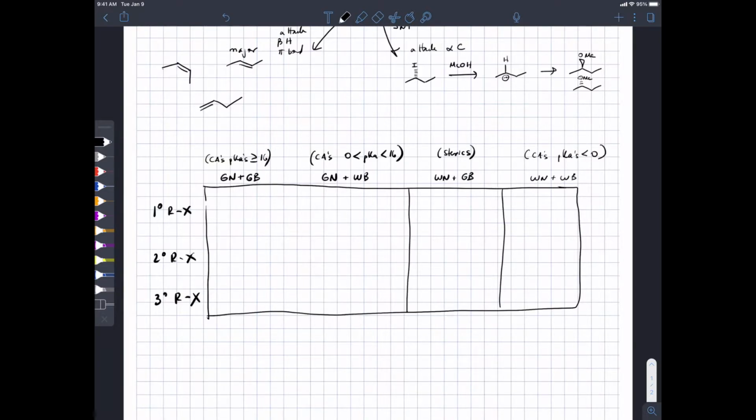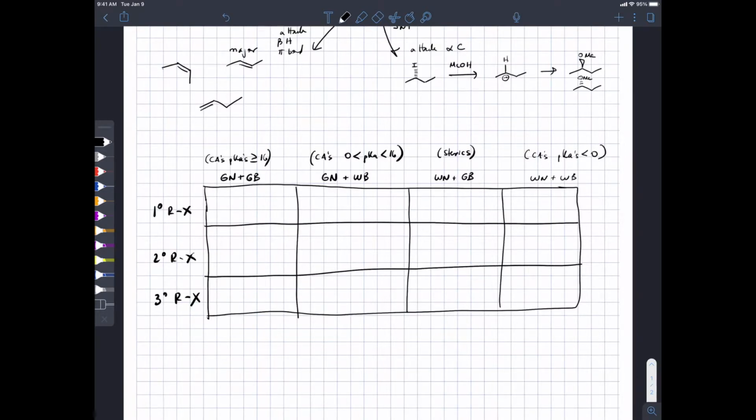The weak nucleophiles and weak bases have to wait for the leaving group to leave. So what do you suppose happens for a primary alkyl halide? Whole lot of nothing. Right? That's just dissolving your primary alkyl halide in water or methanol.